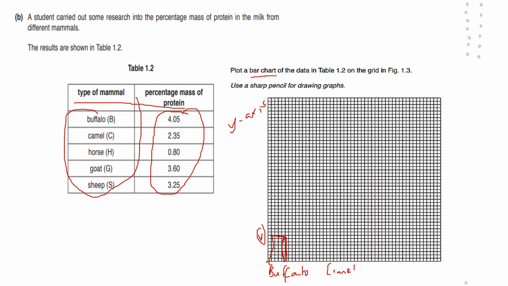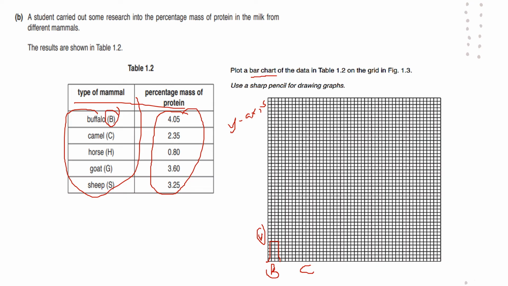Like you can see over here, we have the buffalo, the camel, the horse, the goat, and the sheep. So there are 6 of them. And we don't have to write them out in full because they have put in brackets some labels there that we can use. So for convenience sake, you use the label. So you can just write them as B, C, H, and so on. And you draw your labels there.